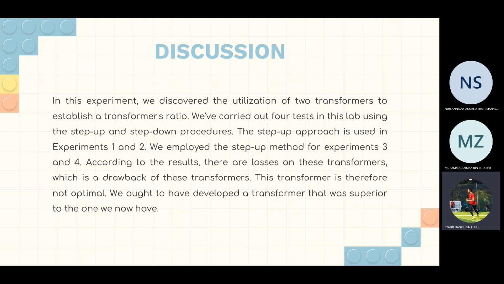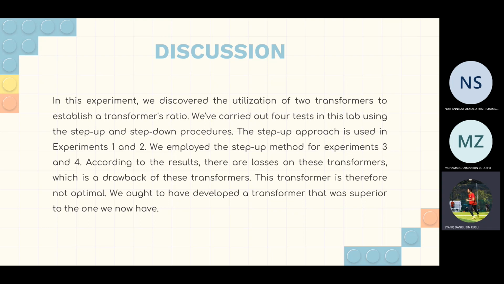In this experiment, we discovered the utilization of two transformers to establish a transformer ratio. We carried out 4 tests in this lab using the step up and step down procedures. The step up approach is used in experiments 1 and 2. We employ the step down method for experiments 3 and 4.